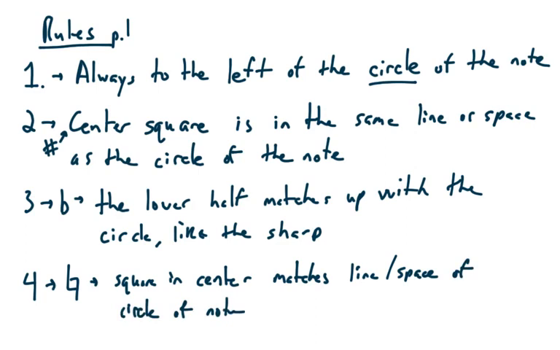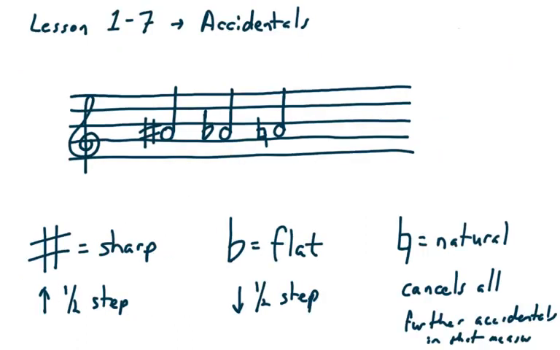Okay, now let's look back. So the square's in here, the square's in the center, the bottom part's in the center, the square's in the center. Right next to the note on the line or space. Now watch this. Same thing, let's go up here. Here's your sharp.